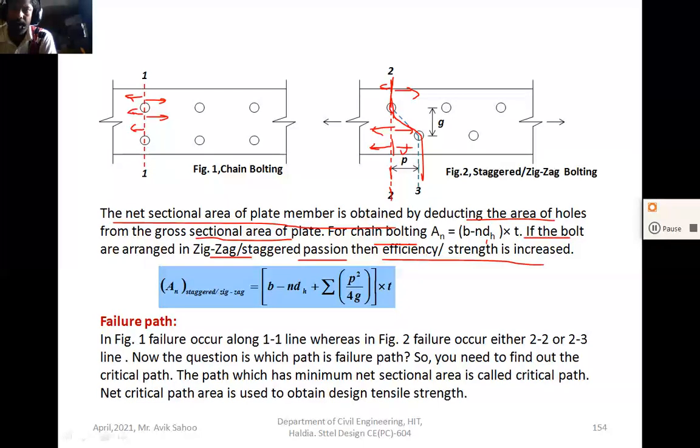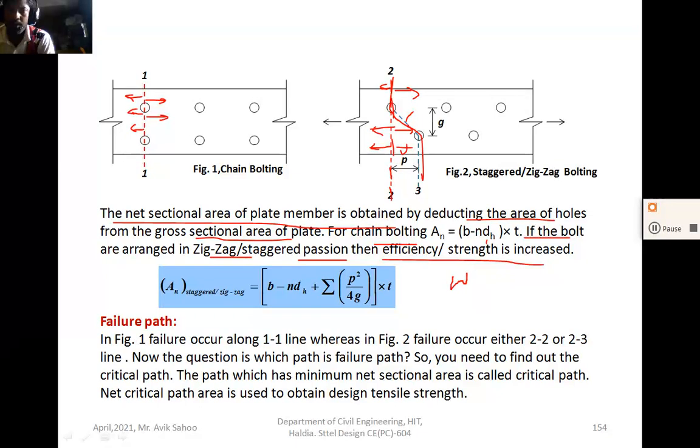If it fails along this line, then you have to deduct only one bolt hole area from the width of the plate. If it fails along this line, then you have to deduct two bolt holes and make one staggered correction, which is p square by 4g, that you have to add. You find the net area of these two failure paths.